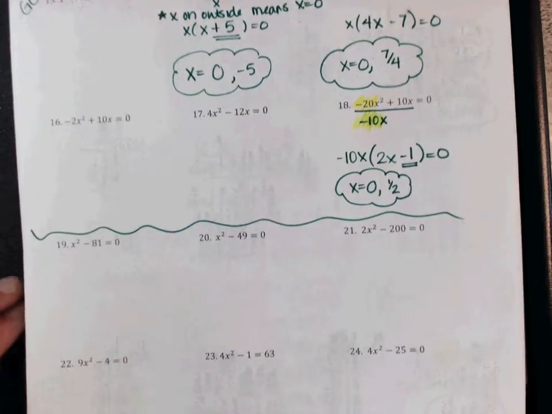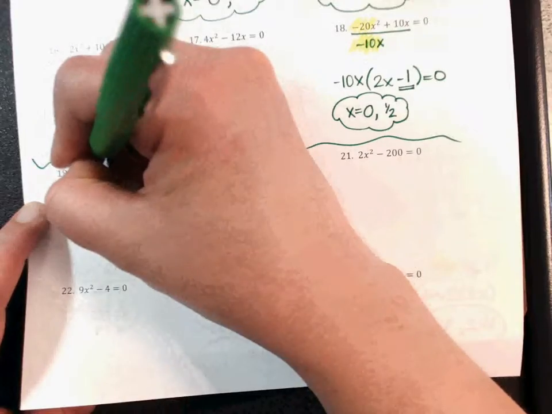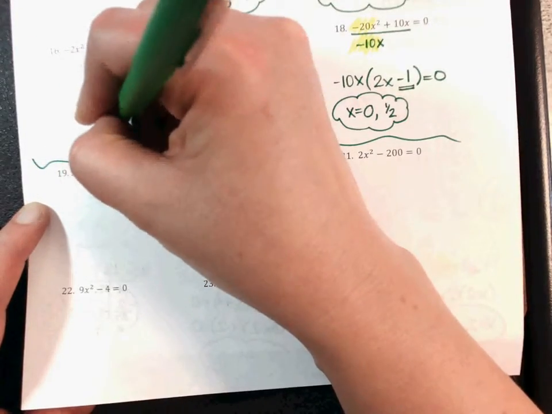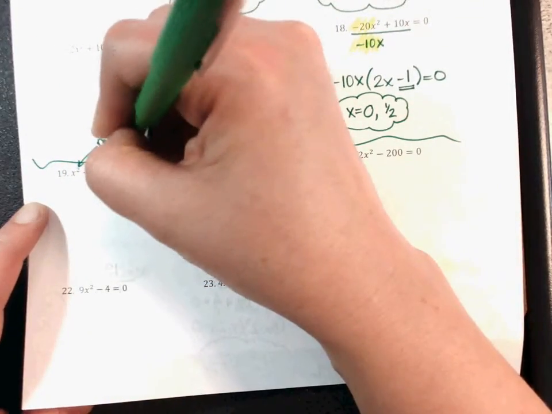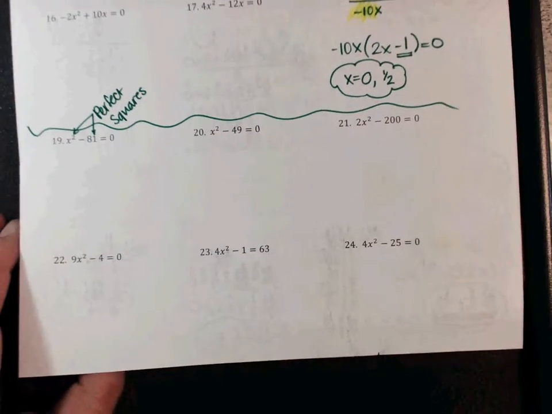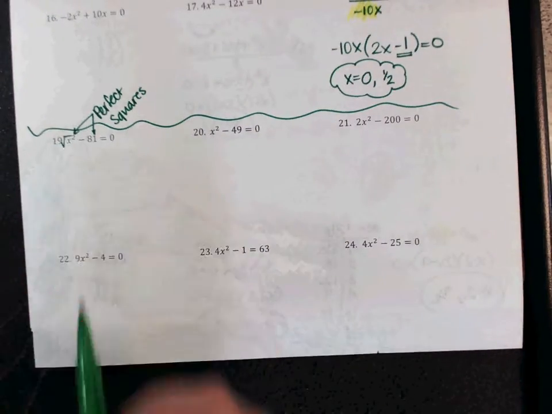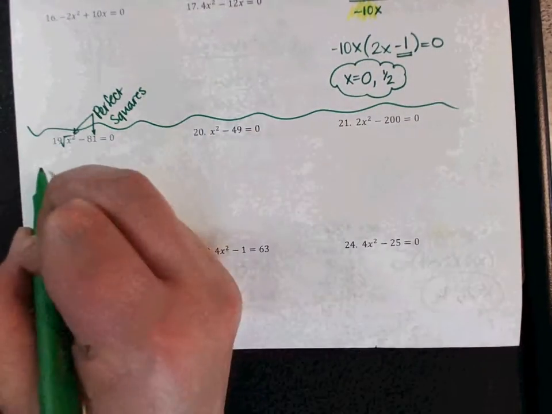Alright, bottom section. This is a difference of perfect squares. They're both perfect squares. So remember, when I have x squared minus 81, I'm going to square root both terms. What is the square root of x squared?